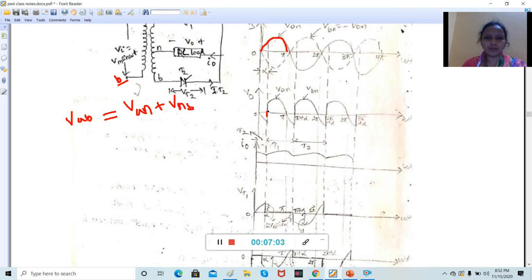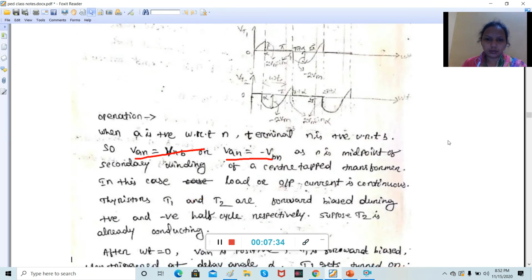That's why this is the waveform from T2. When T1 is forward biased at angle alpha, it will follow the supply waveform like this. This is your output waveform. Here the load is an inductive load.